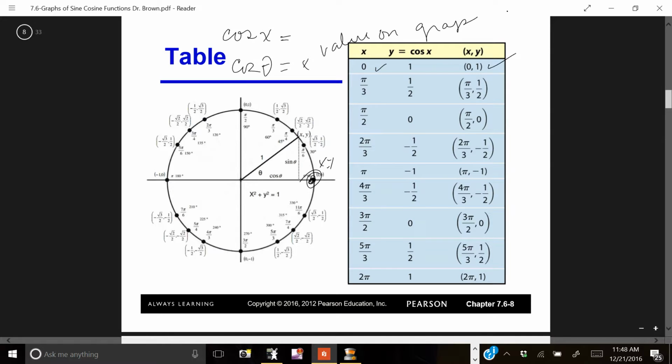So at pi over 3, notice that we get the x value is 1/2. At pi over 2, the x value is 0. And at 2 pi over 3, the x value is minus 1/2.